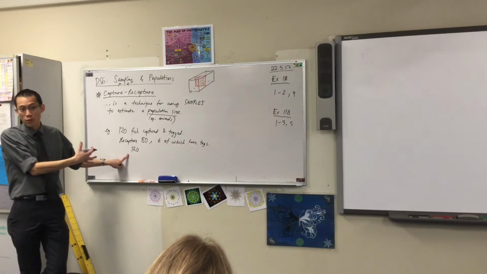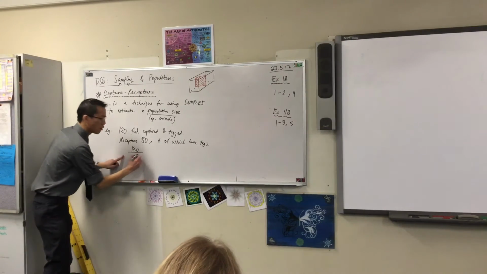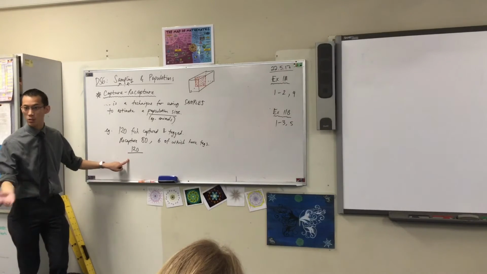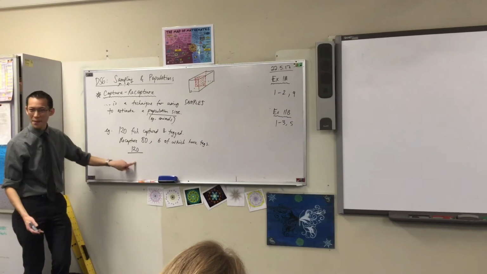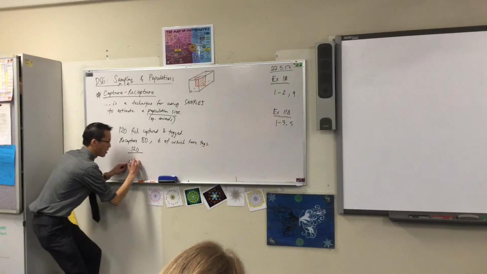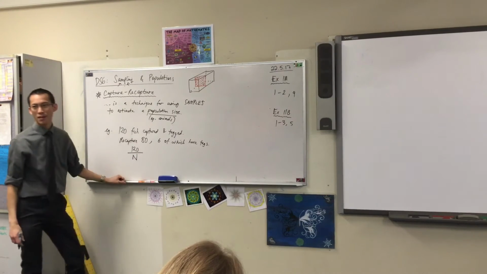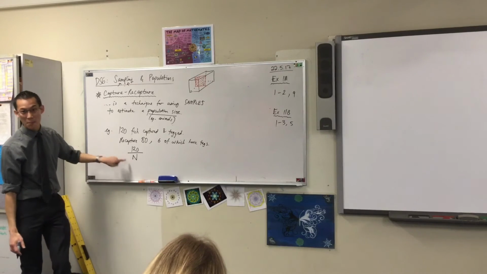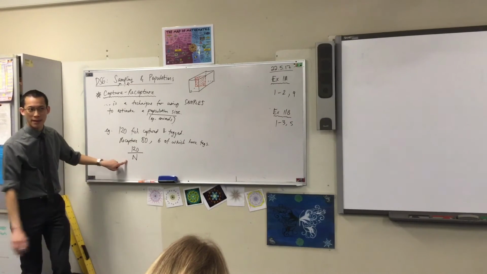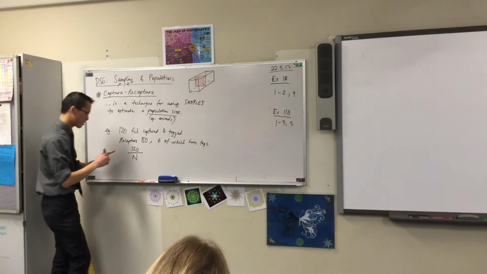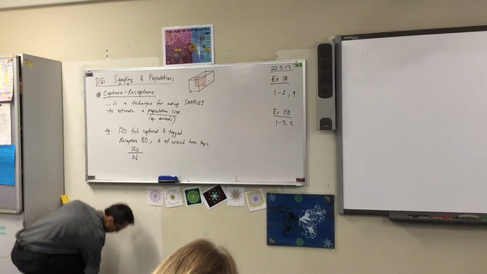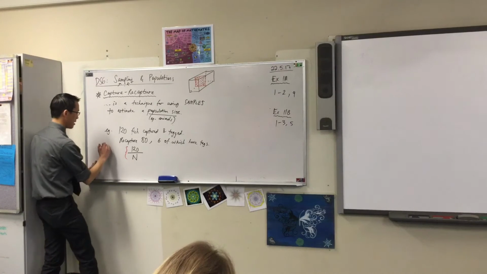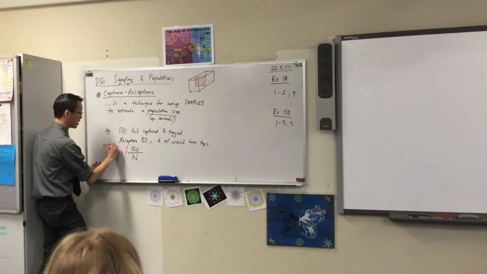And the thing is, I don't know if there are 12,000, right? I don't know 120 out of 12,000, it might be 120 out of a million or something like that. So this number down here, the size of the population, I don't know what it is, so I'm going to use algebra, because this is what algebra is for, when you don't know what a number is, but you still want to work with it mathematically. This number here, whatever it ends up being, is the proportion of fish with tags.